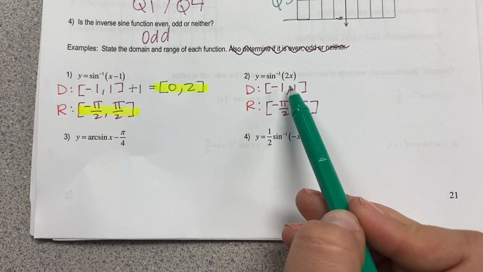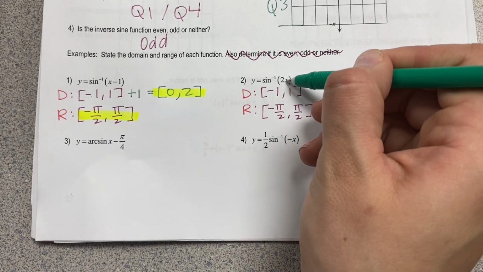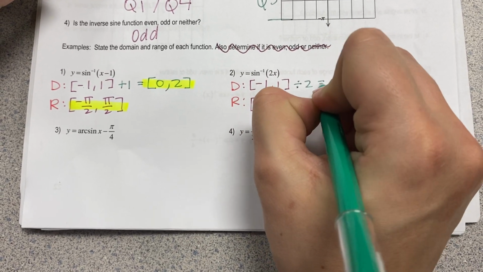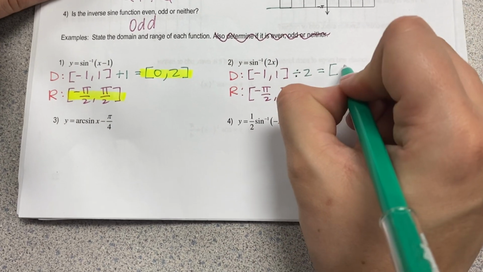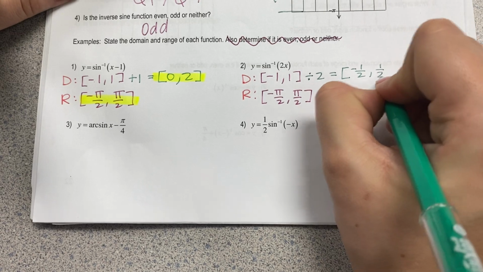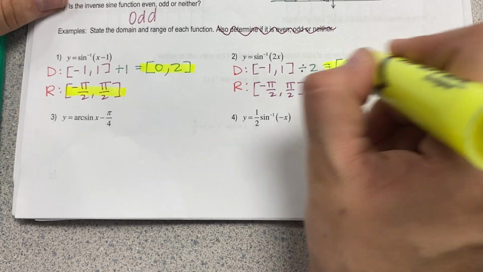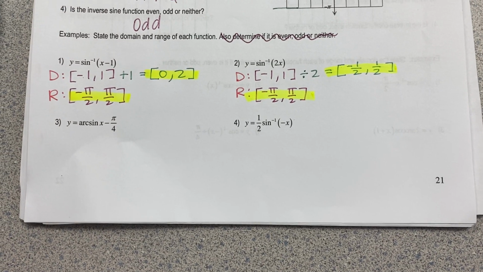So instead of multiplying by 2, I'm gonna divide by 2. Again, this is the x values, so I'm only gonna do it to domain. Okay, so -1 divided by 2 is -1/2. 1 divided by 2 is 1/2. And there's my domain. Nothing happened to y, so this is still my range.